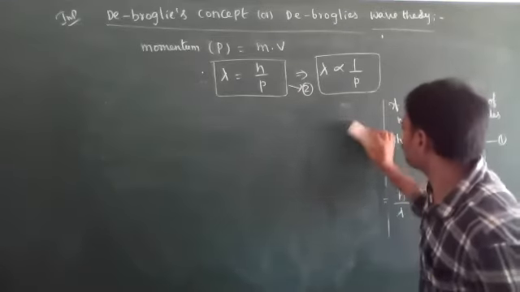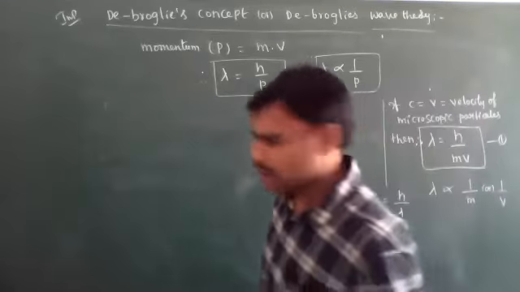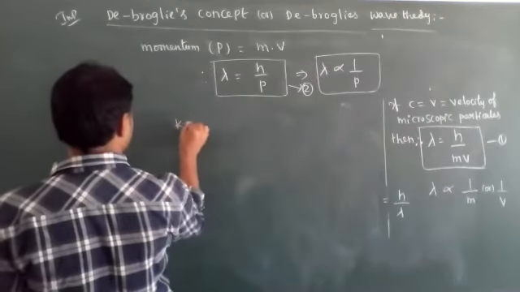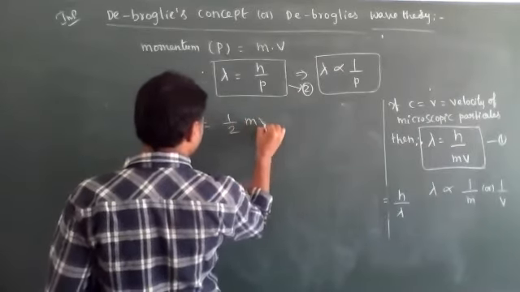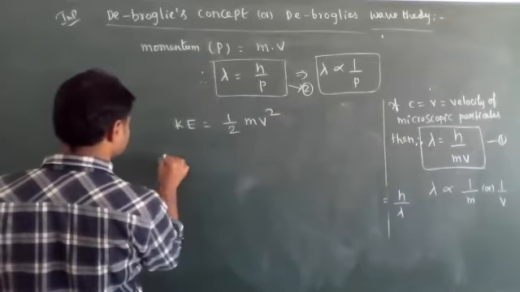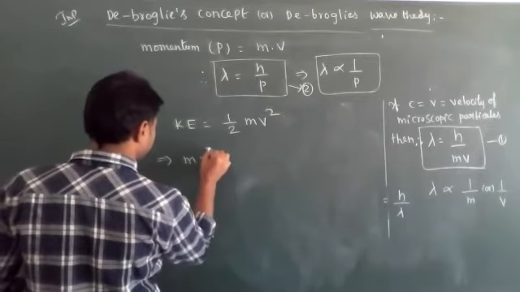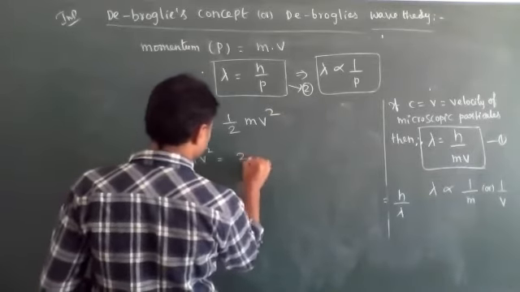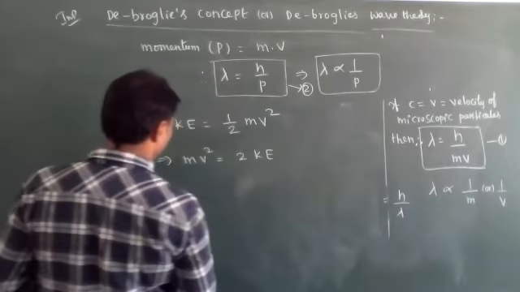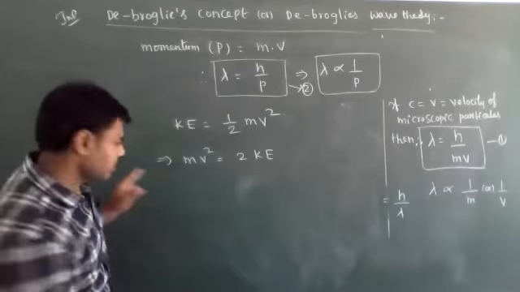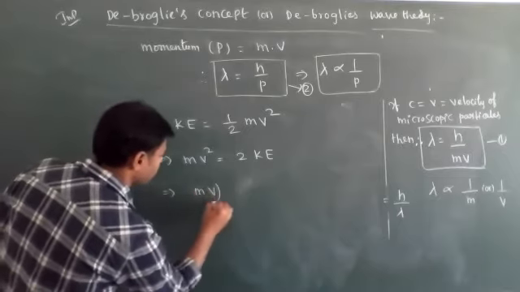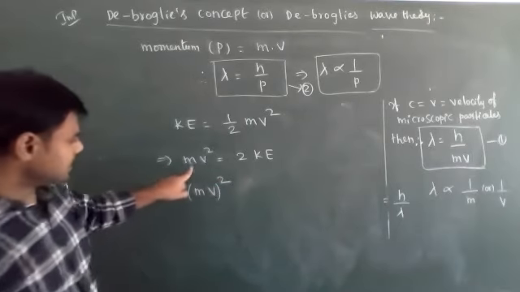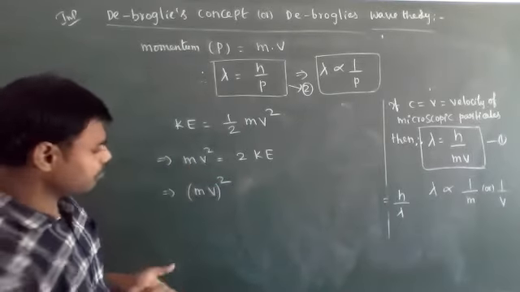Let's see. We know very well that kinetic energy Ke is equal to half mv square. From this, mv square is equal to 2 into Ke. Now I multiply this side with m.